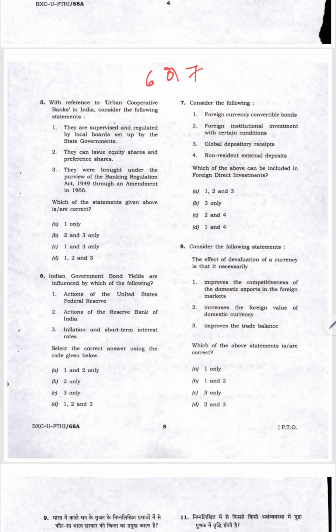Next, page number 5, 6 or 7. You see Indian government bond yields. I think bond yields is a static concept. If many people don't know about it, that's okay. But if you read the statements, all are positive, or you can sense that yeah, it is possible, right? Indian government bond yields are influenced. See here, they are not mentioning either increase or decrease. They are just saying can be influenced.